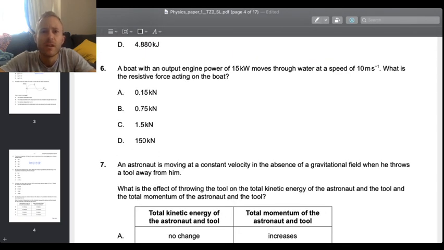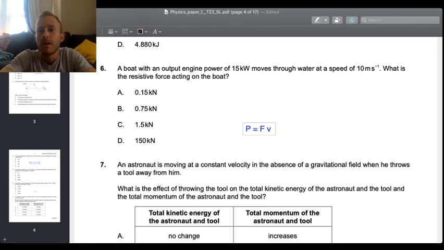Question 6. A boat with an output engine power of 15 kilowatts moves through the water at a speed of 10 meters per second. What is the resistive force acting on the boat? Here we're using an equation for power: power equals force times velocity.